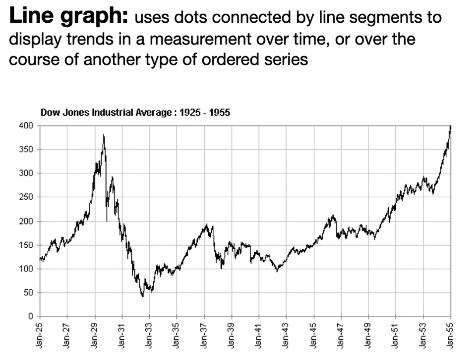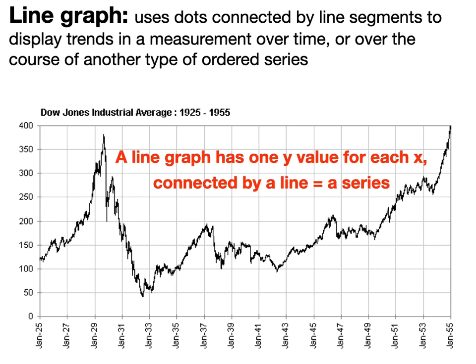Okay, so with line graphs, we've got a numerical variable on the y, and then we've got some kind of ordered numerical variable on the x. Very important: for line graphs, it also has to be true that there should only be one y value for each x, right?